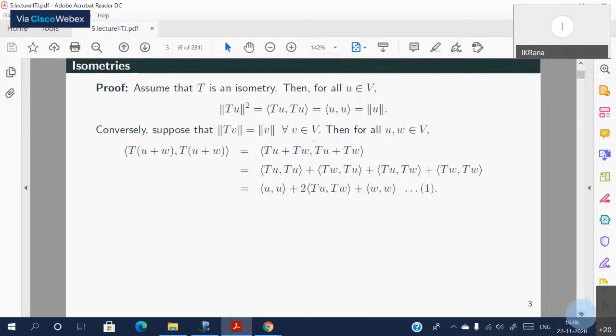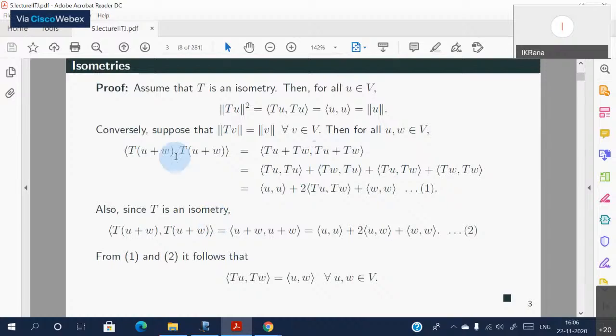On the other hand, because it is an isometry, this is also equal to the dot product of U plus V with itself. Expand that, and a comparison gives you that if the distances are equal, then the angles are also equal. So an isometry is a special linear transformation from one vector space in Rn to another, which preserves angles and equivalently preserves distances.